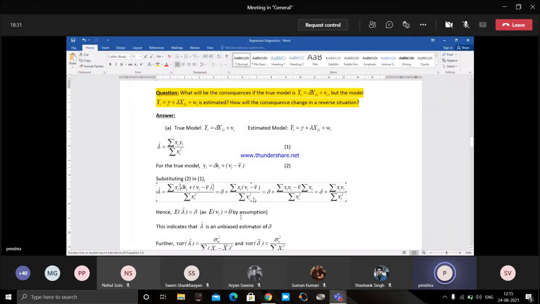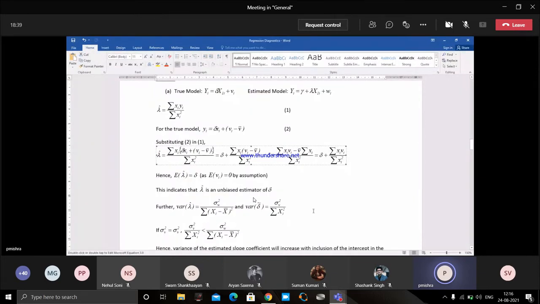So lambda hat is an unbiased estimator of delta. That means even if we add the intercept, though the original model doesn't have the intercept, we are still getting OLS estimators that are unbiased.